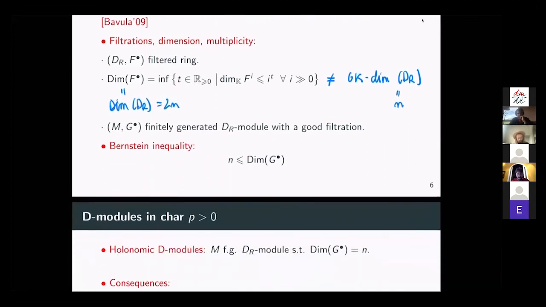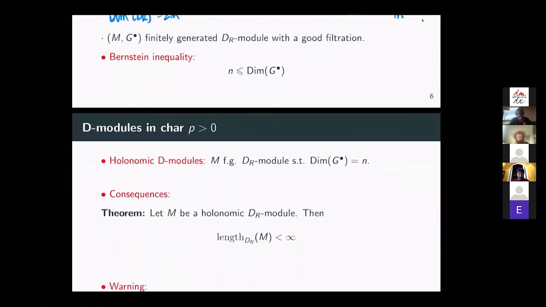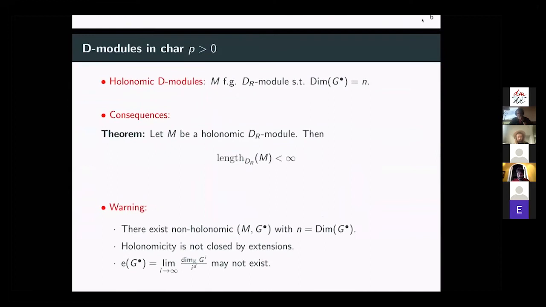He started with a finitely generated D module with a good filtration, in the sense that it depends on the filtration of the ring and the generators, and he proved Bernstein's inequality in the same way. Here I am just pointing out that this is the dimension with respect to this filtration. You can make it a little more canonical when you work with a finitely generated D module. In his case, holonomic D modules are finitely generated modules of minimal dimension, and we also have the same consequences on the length.